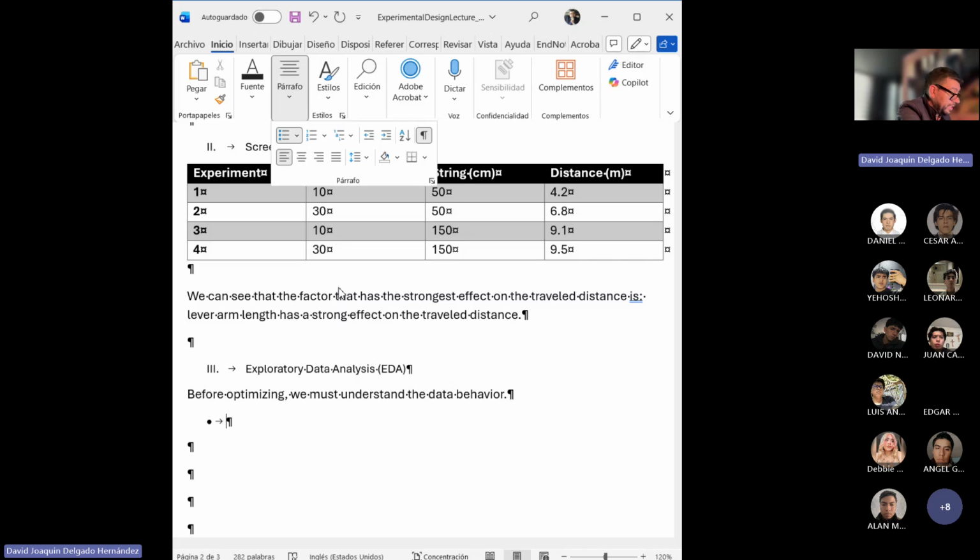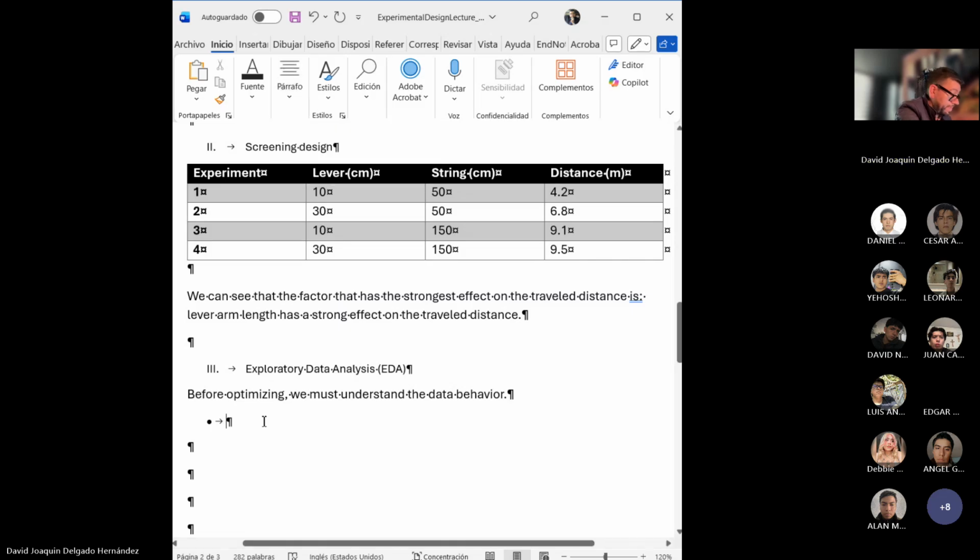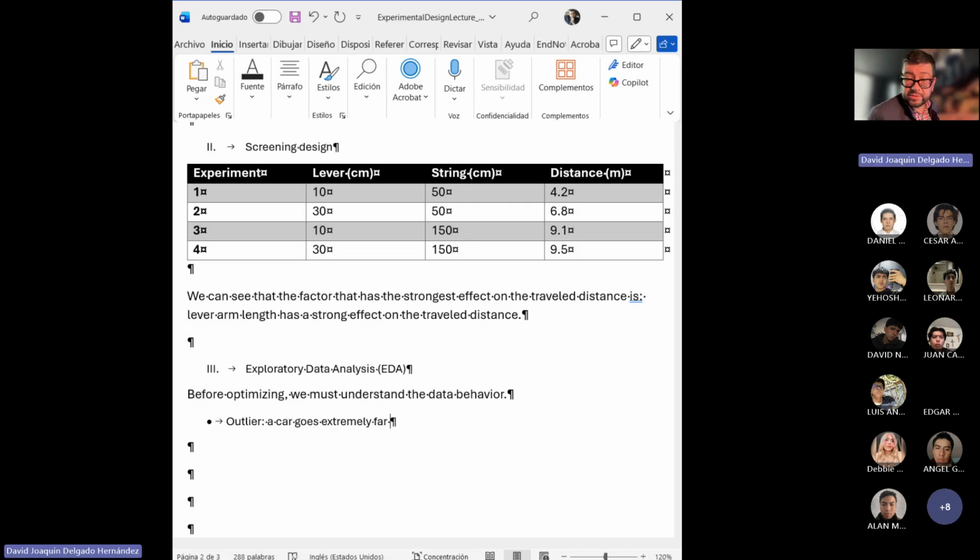So one outlier would be if a car goes extremely far. So if suddenly you have these measures, right? 4.2, 6.8, 9.1, and 9.5. And suddenly a car goes as far as 20 or 25 meters. That is an outlier, right?